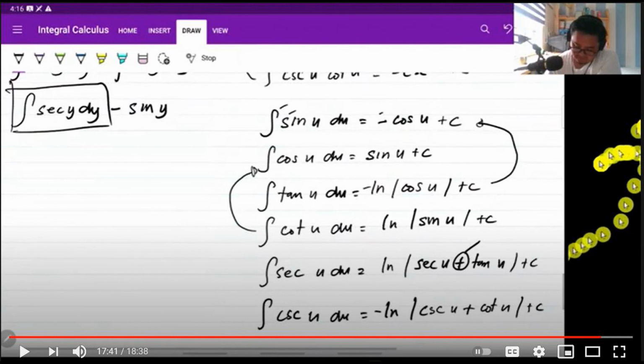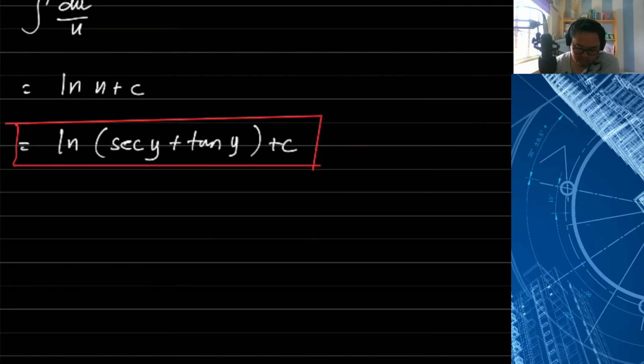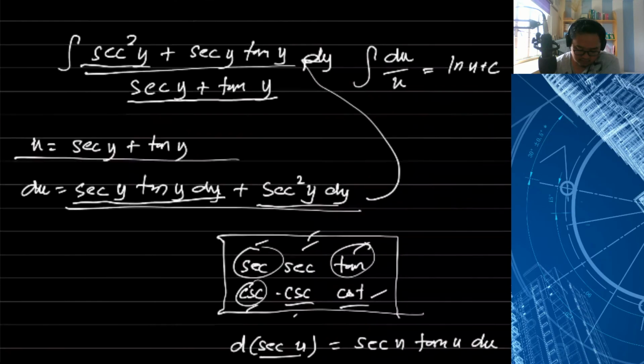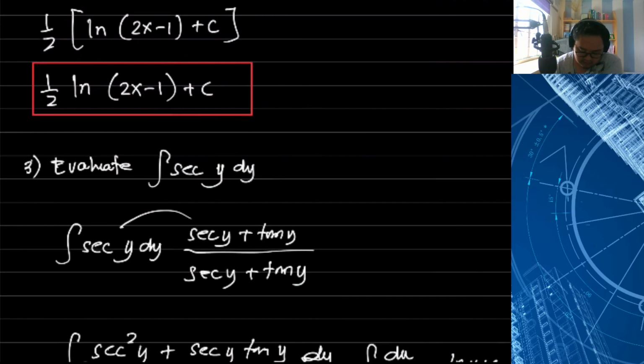The answer is ln of the quantity secant y plus tan y plus c. So direct substitution, if you know how to memorize the formula, you can get right away the integration of our problem number 3, the integral of secant y dy.